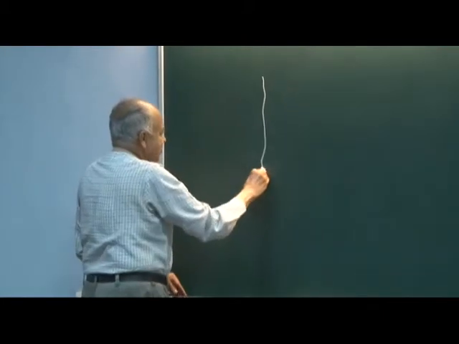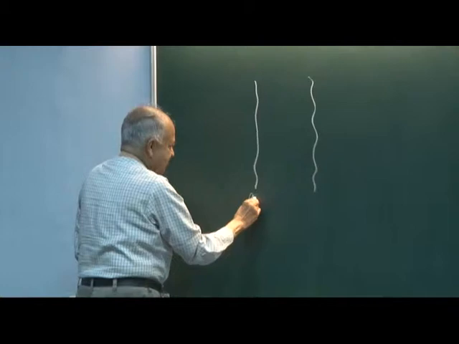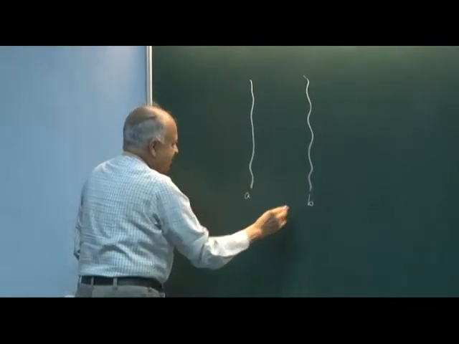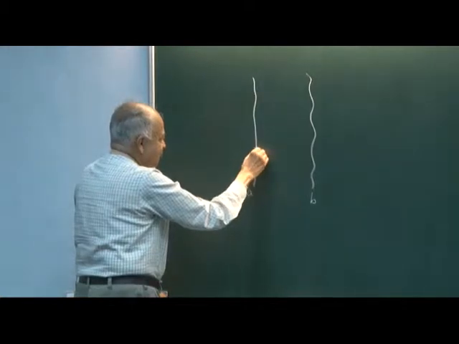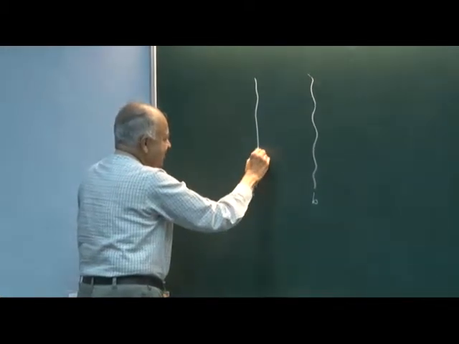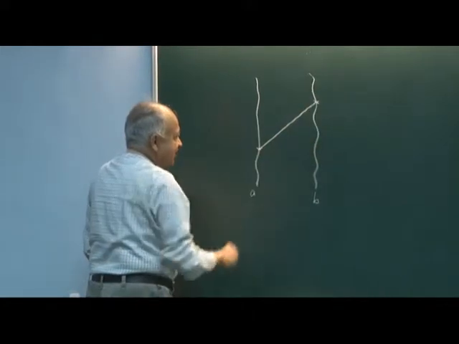So, if you take two world lines A and B, in flat space-time what you do is you take any point here, you draw the null cone which goes here.